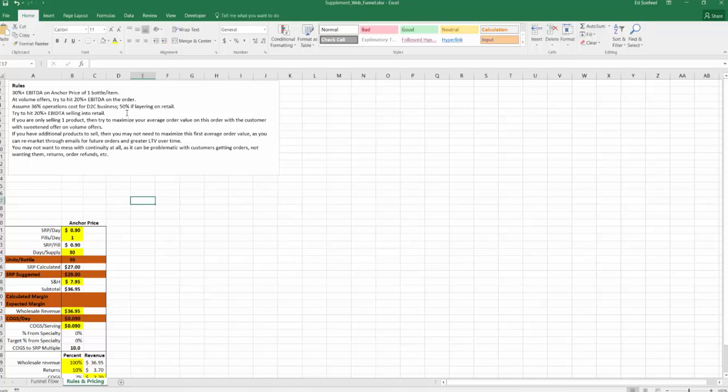Okay, if you're selling one product, so let's say you have a core product, you don't have other products to sell like an upsell 2 or upsell 3, in my experience, try to just maximize your average order with that customer at that time. So you really want to give them sweetened offers on volume deals. So really push the buy 6, buy 12, maybe 50% off.